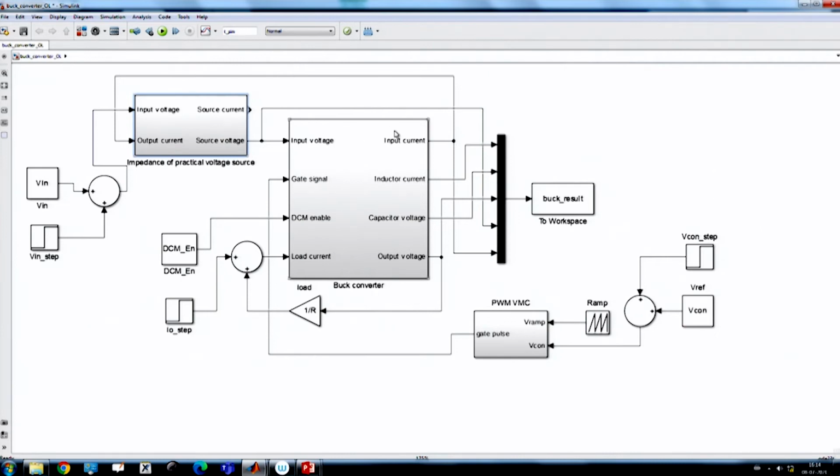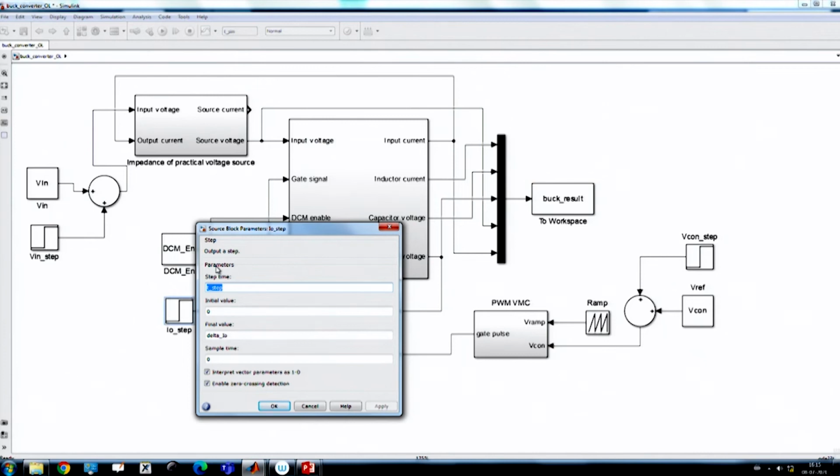Then the other things are the same as we have discussed, that means we have a converter. Here we are applying some step transient. This is a resistive load, 1 by R, that we have also discussed, but along with the resistive load we are applying some current step load.